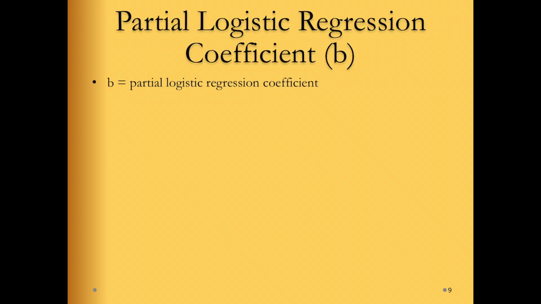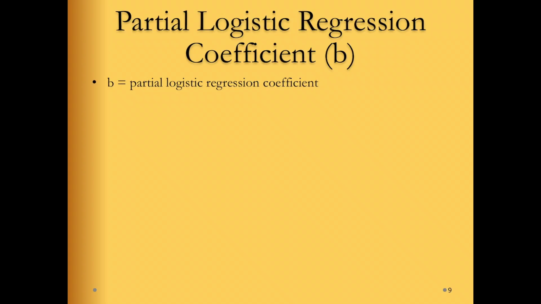The interpretation of the regression coefficient in logistic regression also differs somewhat from that of the coefficient in multiple regression. First, in logistic regression, B is called the partial logistic regression coefficient. And as in multiple regression, the term partial indicates we are interested in the unique ability of the predictor to predict group membership in the criterion.